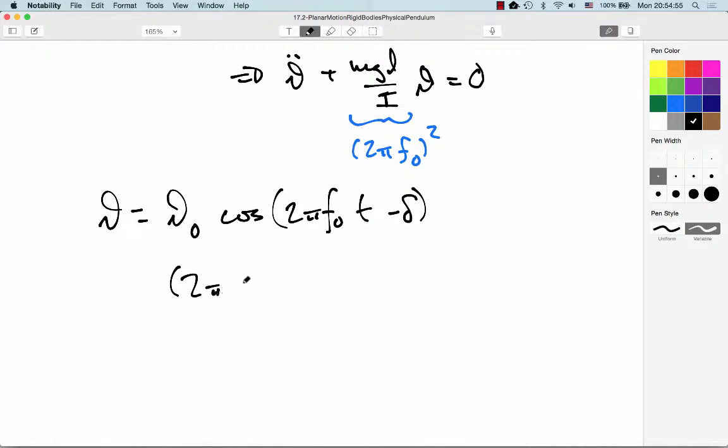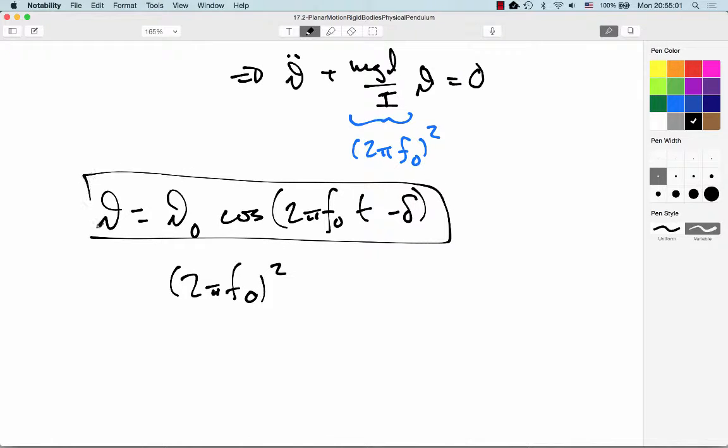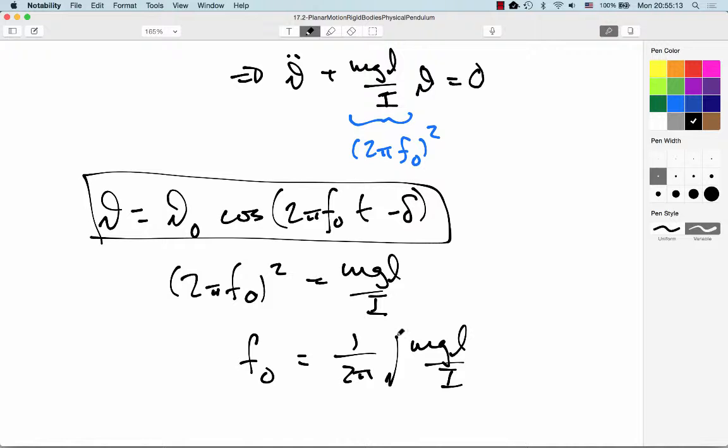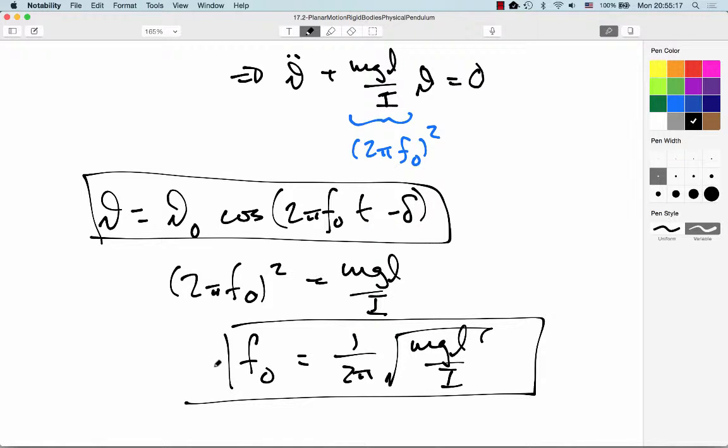We know that 2 pi f naught squared equals mgl over I. So then that means that f naught is equal to 1 over 2 pi root mgl over I.